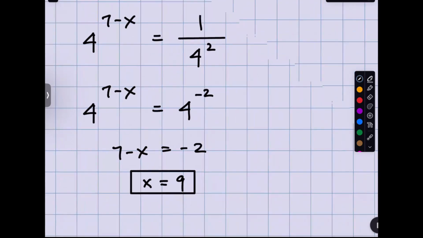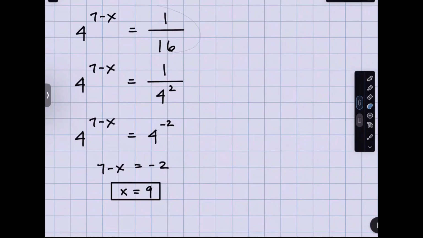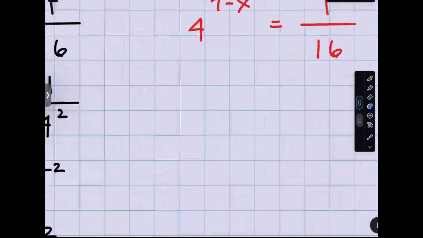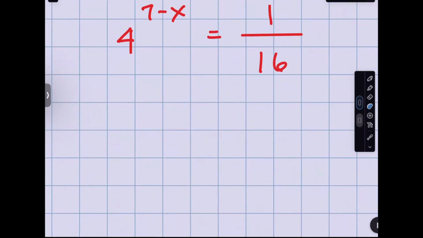Now, how about this? How about we convert this to log form? What would it be in log form?